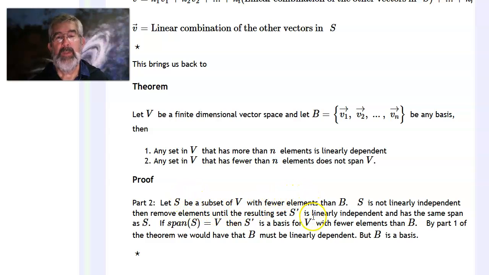The point is, I can get down to this other set, which I'm calling S prime. It has nothing to do with derivatives, just a way of saying altered S, right? It's still got stuff in it. All the stuff in it was in S, but we've thrown things away until we got down to a linearly independent set. The span of S prime will be the same as the span of S, because I kept throwing away things that were linear combinations of stuff in there.